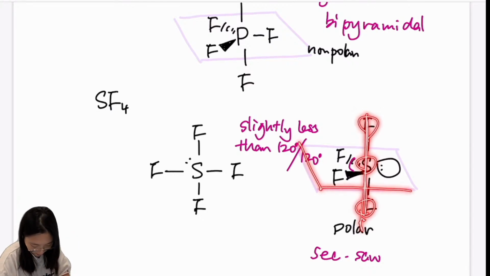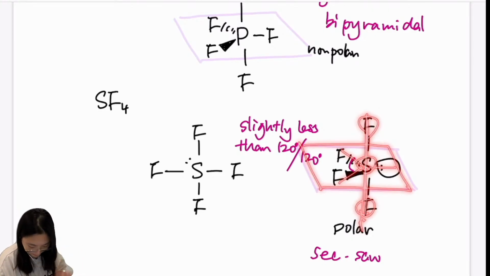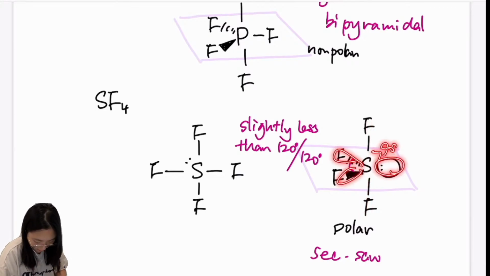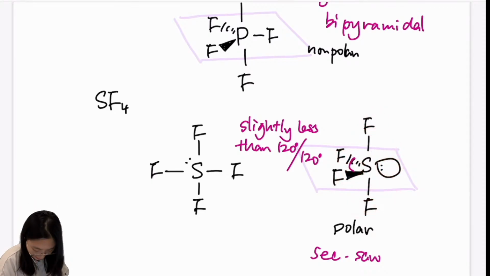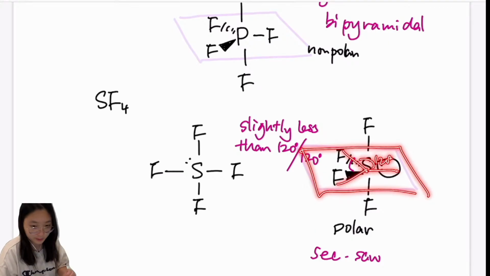Perpendicular to the vertical line, we have a horizontal plane. On this horizontal plane, we have 3 bonds. These two vertical atoms are 180 away from each other, and anything on this plane is 90 degrees away from this fluorine and 90 degrees away from the other fluorine. And within the plane, these 3 are 120 away from each other.